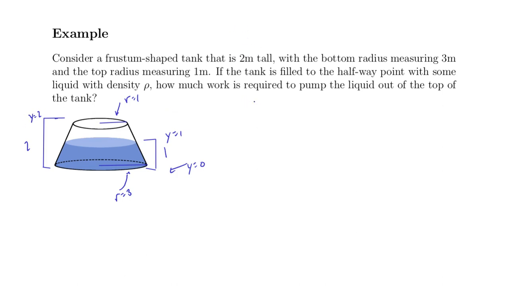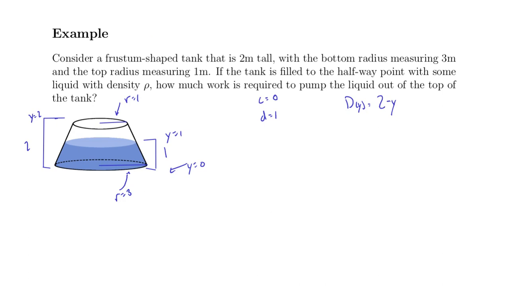So let's just start writing this down. Our limits of integration, c is going to be 0, and d is going to be 1. And our distance function is going to be 2 minus y. So all we need now is the area function. We can see pretty clearly that the area function is going to be the area of a circle.